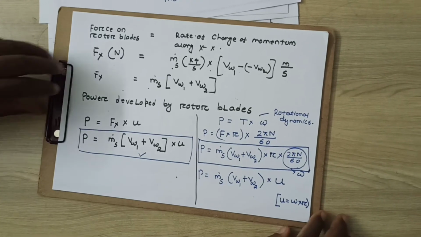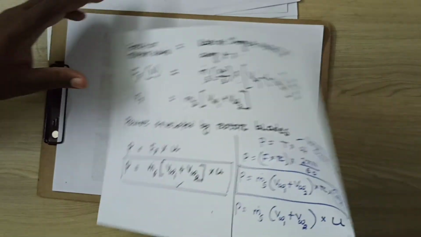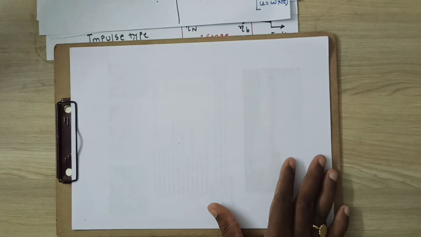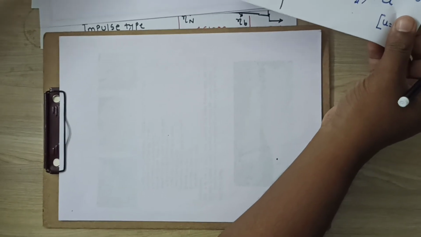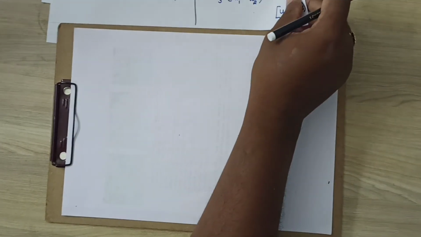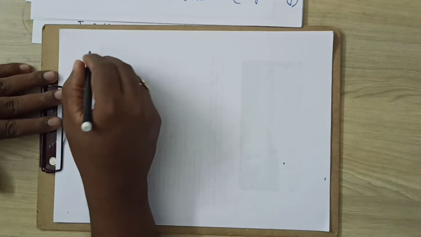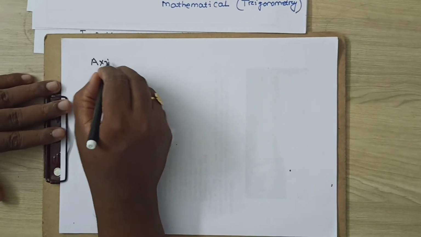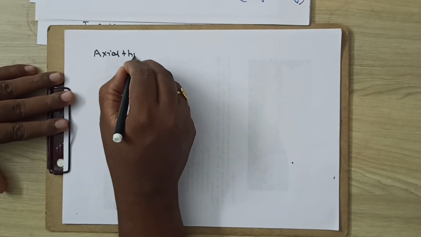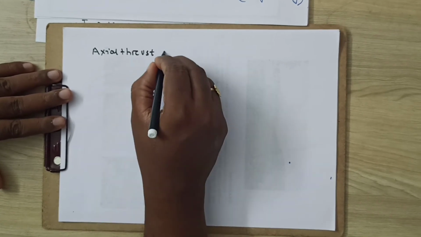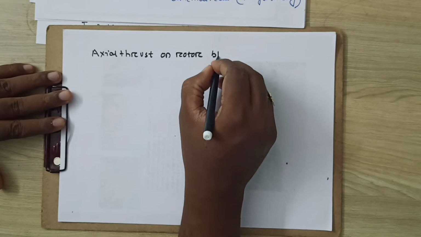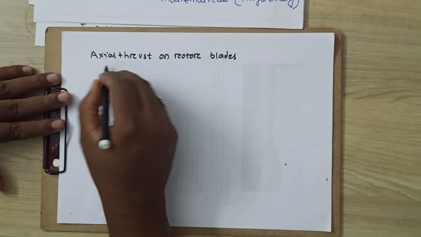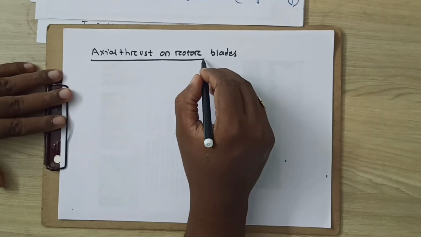Next, we will move to axial thrust on rotor blades. This axial thrust is not favorable.